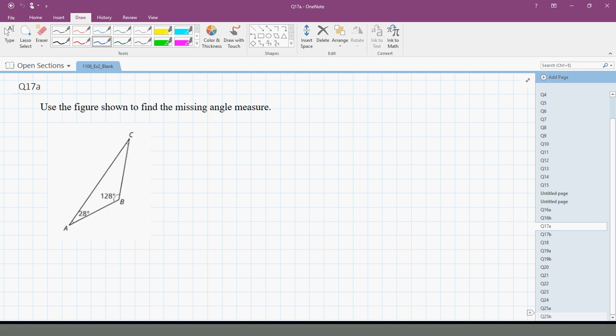All right, 17. So we want you to find the missing angle. On this one, I'm missing angle C. So how can I figure out what angle C is?